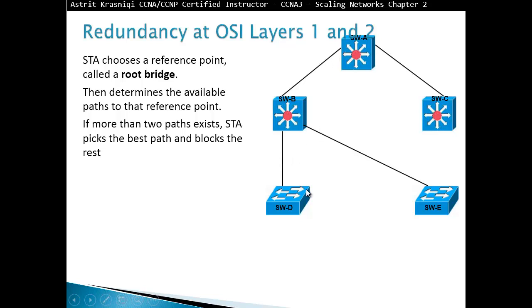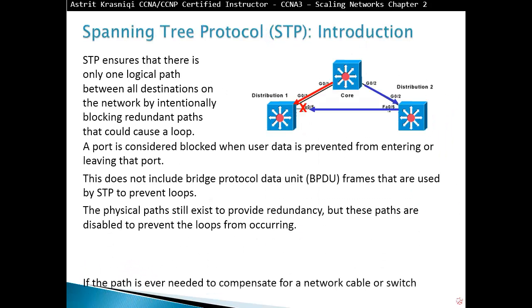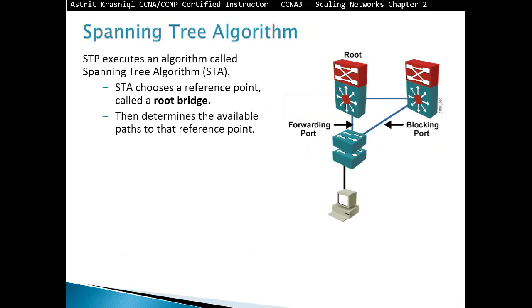Every other path will be in blocking mode. But somehow we need to elect this root bridge. Very important: the way we elect the root bridge is through a bridge ID. Now what is that bridge ID? Let me look at it here. Bridge ID.